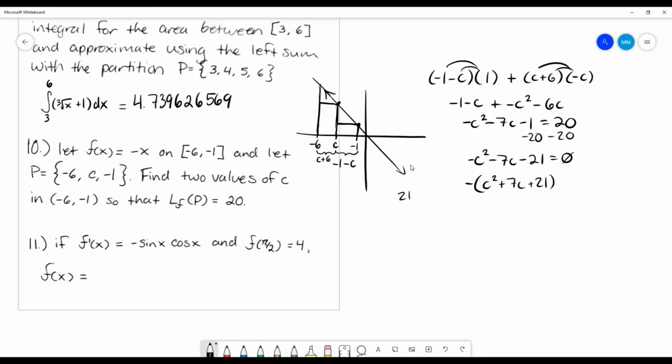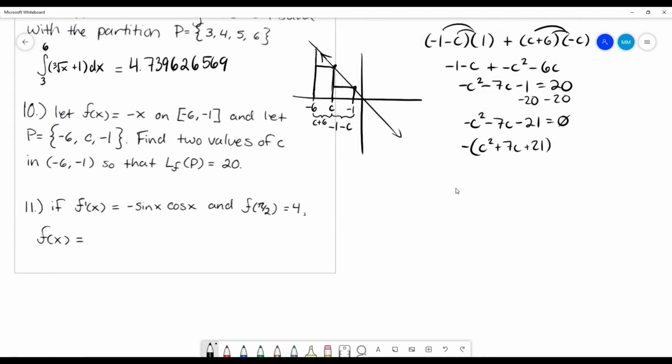Yeah, there's no factors of 21 that add up to 7. Okay, so we're going to use that quadratic formula. And remember I factored out this negative, so just keep that in mind.